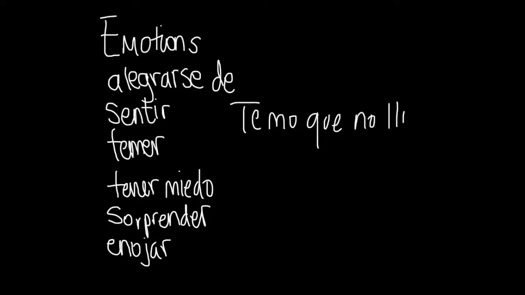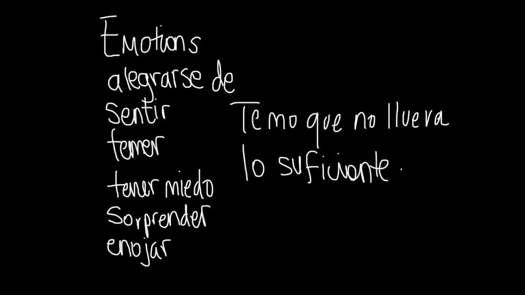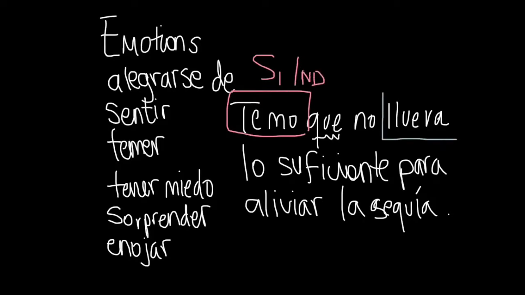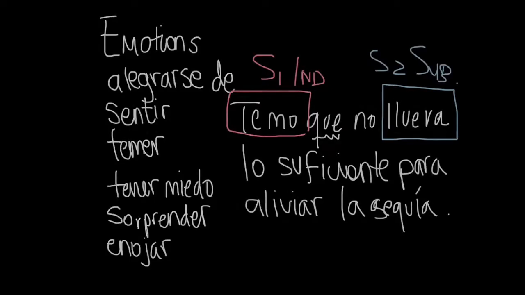So, for example, temo que no llueva lo suficiente para aliviar la sequía. So, temo is my verb of emotion, and it's I fear. That is my conjunction que, and again, llueva is in the subjunctive.